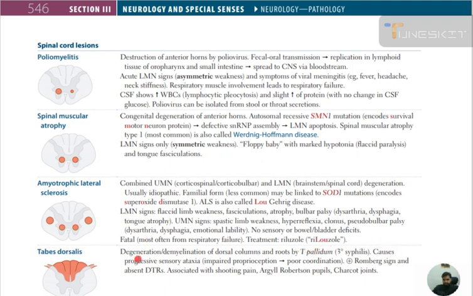It is a feature of tertiary syphilis. It causes progressive sensory ataxia, impaired proprioception, and poor coordination. There is a positive Romberg sign and absent DTR, associated with shooting pain, Argyll-Robertson pupil, and Charcot joints.